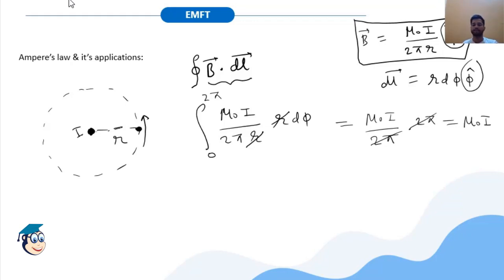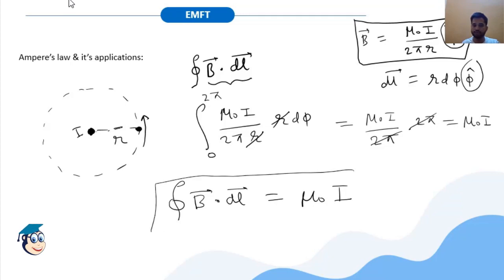What is I? I is the current enclosed in that loop. Now I am going to state the definition of Ampere's law. Ampere's law states that the closed line integral of B dot dl is nothing but mu naught times the current enclosed in that closed loop.